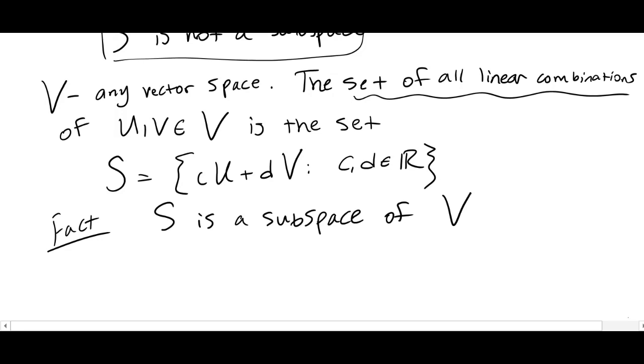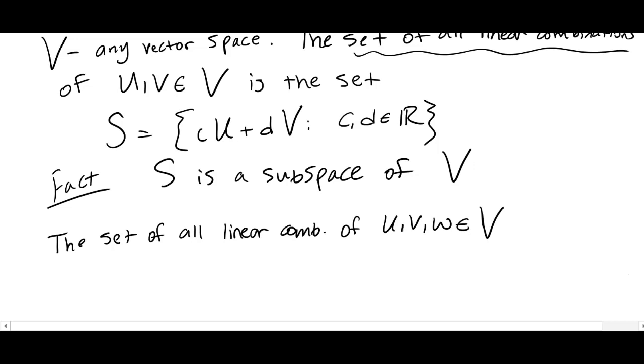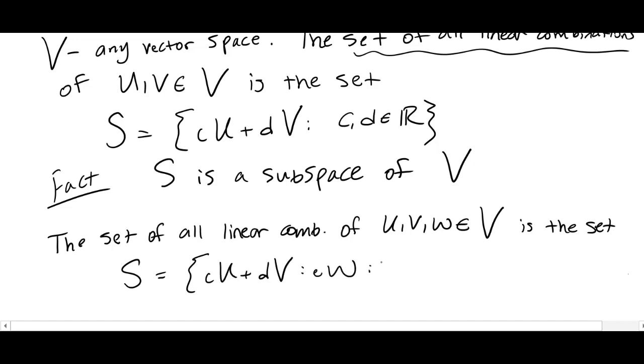Similarly, you could define the set of all linear combinations of three vectors, u, v, and w. cu plus dv plus ew, where c, d, and e are real numbers.